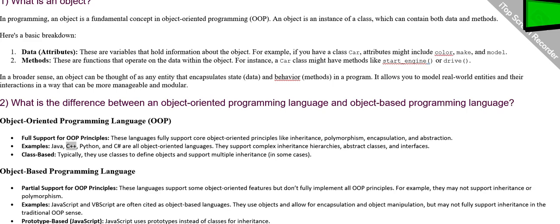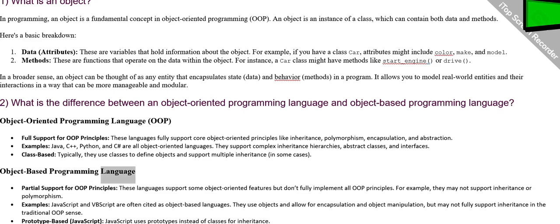Examples: Java, C++, Python, and C# are all object-oriented languages. They support complex inheritance hierarchies, abstract classes, and interfaces. Class-based: typically, they use classes to define objects and support multiple inheritance in some cases.